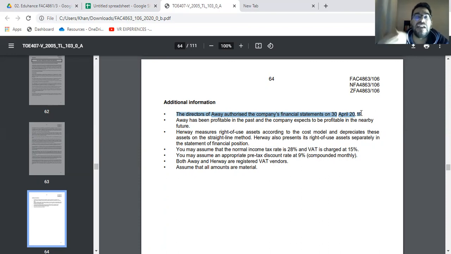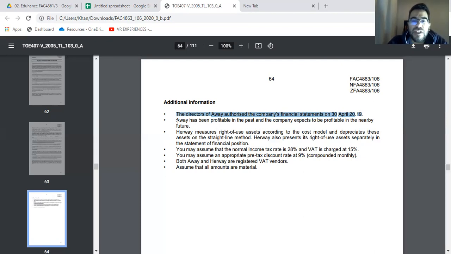So if it is an adjusting event, you will make adjustments to your financial statements. If it is a non-adjusting event, you will not adjust your financial statements. You may just have to add some additional disclosure. Okay, so this is in the topic of events after the reporting date. The standard is IAS 10. It's a very, very short standard. If you can read it, try to read it.